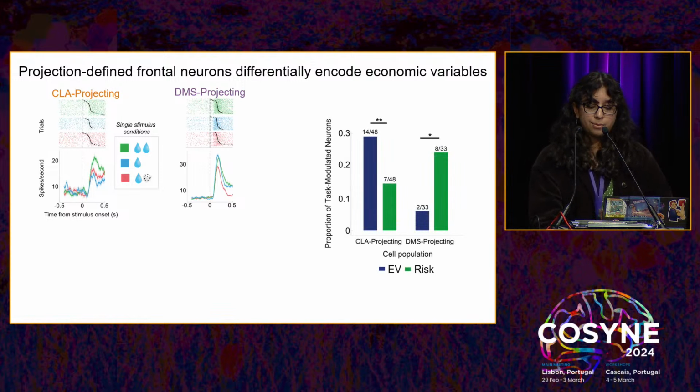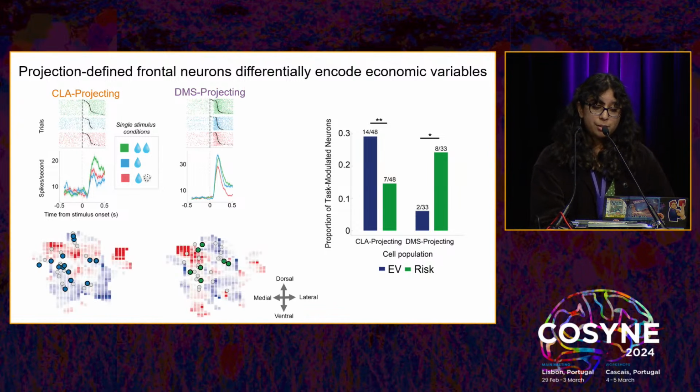Examining the responses of all optotagged cells revealed a dissociation in EV and risk coding in these two populations. Claustrum projecting neurons more strongly encoded EV, while DMS projecting neurons more strongly encoded risk.